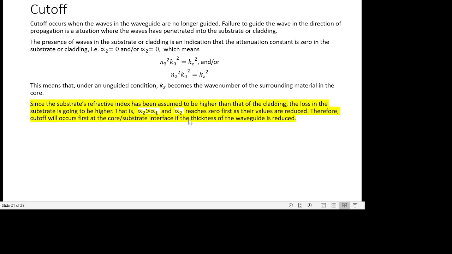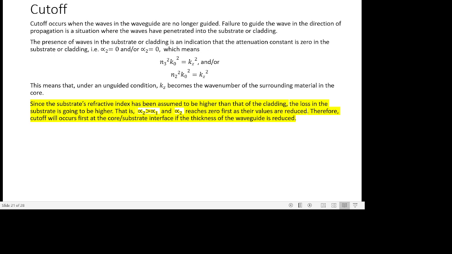So the next thing that we need to know is, if we reduce the thickness of the core, under what condition the cutoff is going to happen. So we are going to find out which one comes first, because the loss in the substrate is going to be much larger than the loss in the cladding.